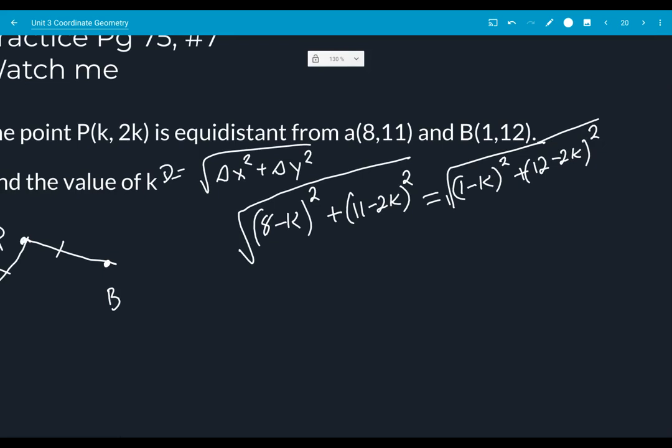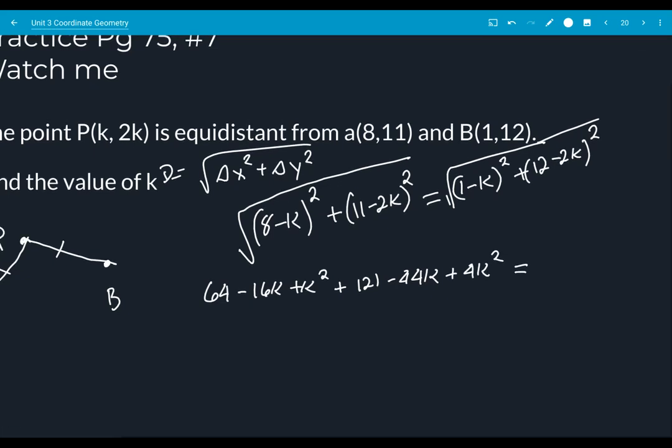Okay, so let's work this out. If I square both sides, that gets rid of some stuff. So I end up with 8 minus k squared plus 11 minus 2k squared. I'm going to do a couple steps here. It's going to be 64 minus 16k plus k squared plus 121 minus 44k plus 4k squared.